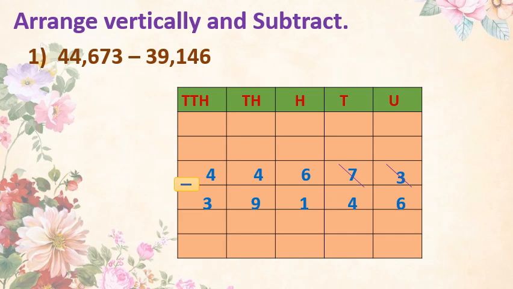Okay, 1 ten is equal to 10 units, correct? So 10 units plus these 3 units together became 13 units. And in the tens place 6 tens remained, correct? Now we will minus. 13 minus 6 is equal to 7. 6 minus 4 is equal to 2, correct?